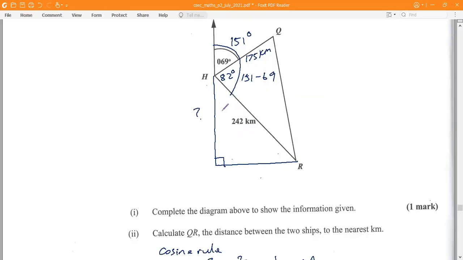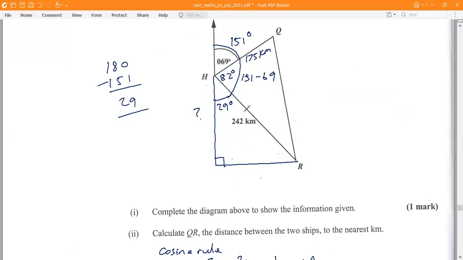Okay, so let's find out this angle here. From here to here is 151 degrees. So 180 take away 151, we get 29 degrees. So this is 29 degrees.